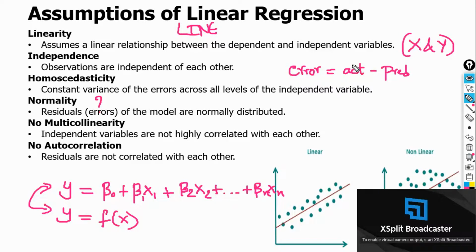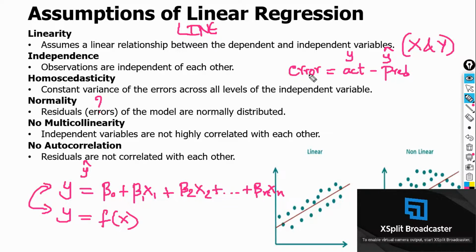So what is actual? What is predicted? Actual value is representing your y values, my friend. Using this line, I'm going to predict y. So when you predict y, what you'll get? I'll get the prediction y hat. So the difference between y and y hat will be an error.